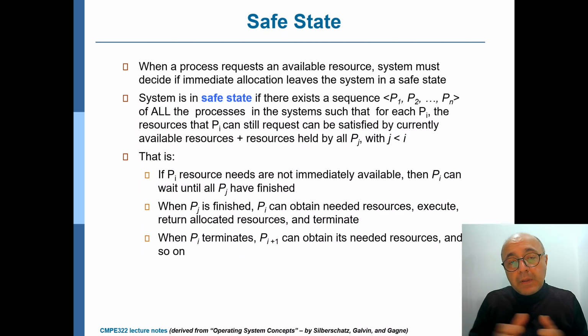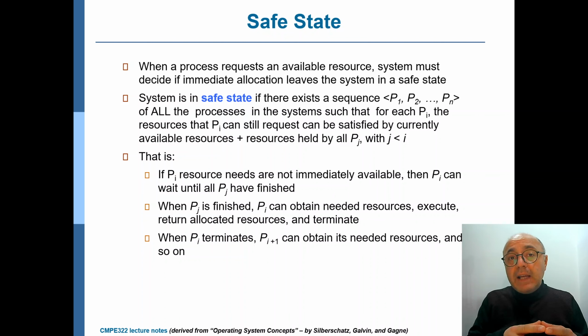So once again, if the currently available resources are sufficient for process P1 to complete, all the resources held by P1 will also become available when it completes. So the currently available resources plus the resources currently held by process P1 all will become available for the remaining processes.